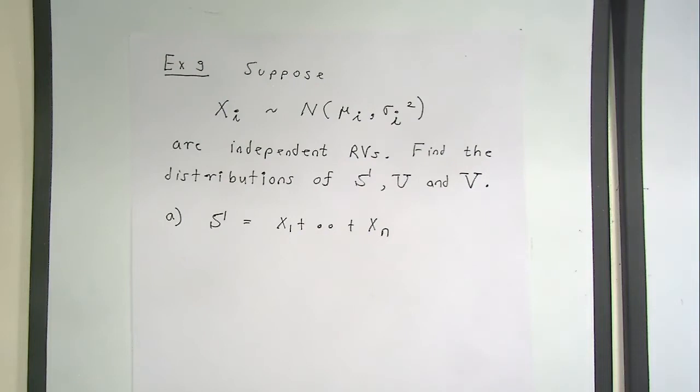Let me ask you, this is where your statistical methods comes in. I know some of you guys did statistical methods last year. What distribution will this have, with what parameters?